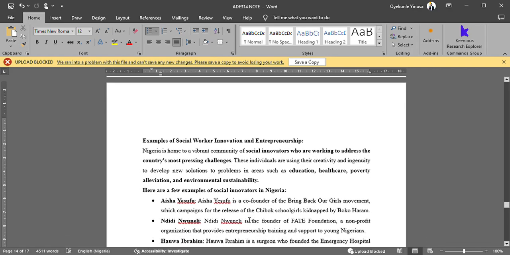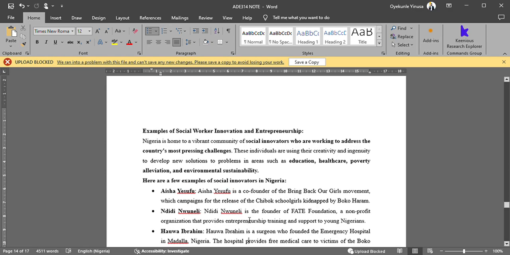Examples of a few social innovators are, if I mention Aisha Yusuf, I don't think anybody in this class will not have that name ring a bell in their mind. Aisha Yusuf is very popular.